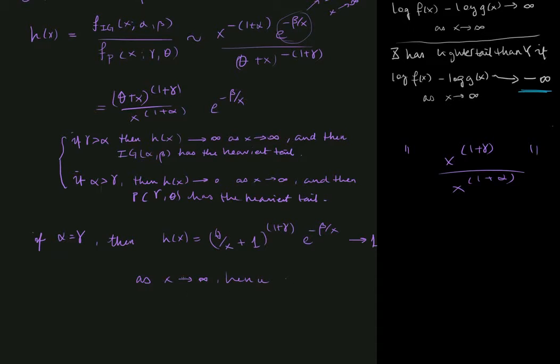And what does that mean? Well, that means we don't have the case where the inverse gamma tail swallows up the Pareto tail, and we don't have the case where the Pareto tail swallows up the inverse gamma tail. Hence, the two distributions have equivalent tails. So that just means none is more heavy-tailed than the other.